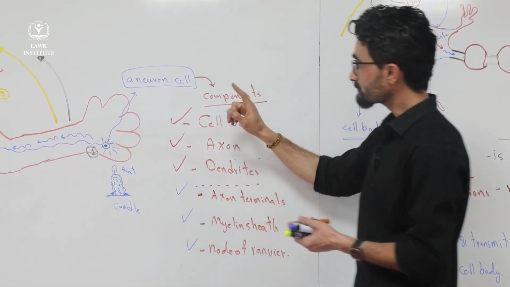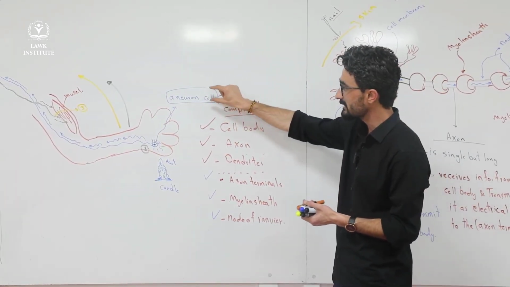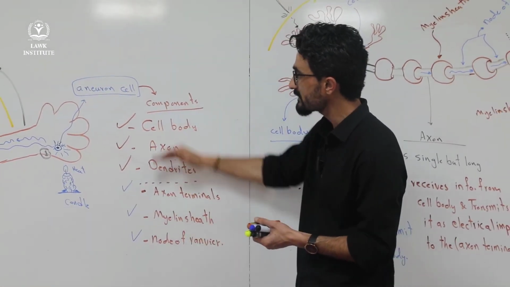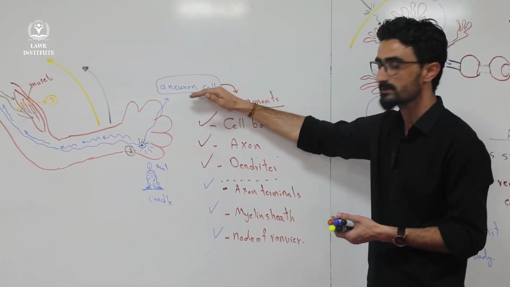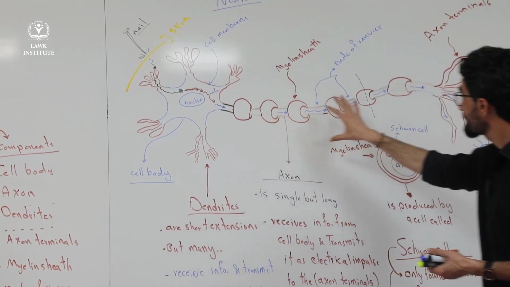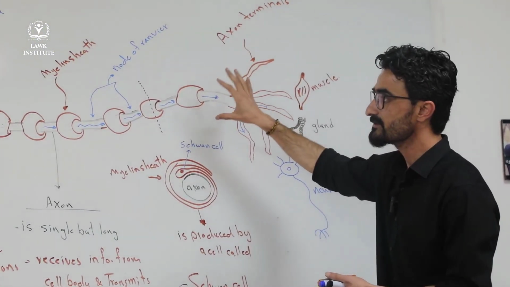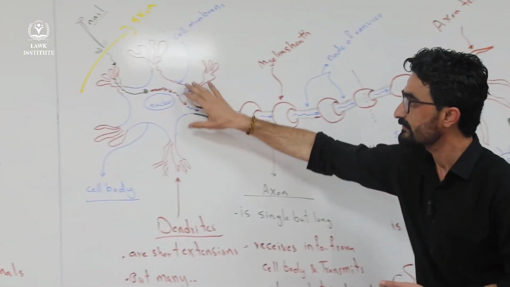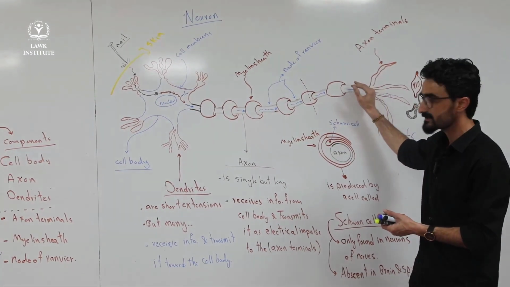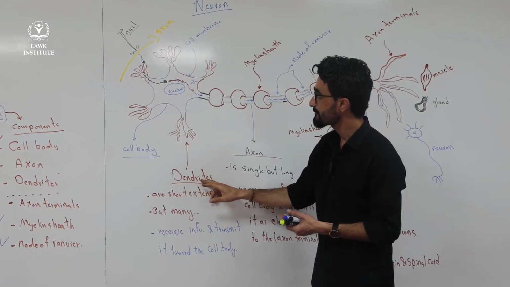And then we studied and explained the structure and function of the main parts of the building block of the nervous system, which is called neuron. This figure represents a complete, standard neuron cell that's made up of cell body, the longest extension axon, and short but many extensions dendrites.